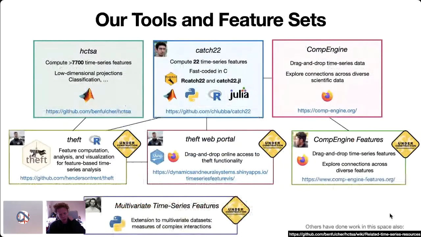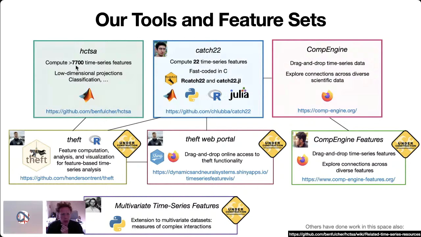Okay, so the tools that we've developed are here. This all started with highly comparative time series analysis, HCTSA, which is in MATLAB, closed and commercial closed source, as we've been hearing about. So this is what computes these over 7,000 features.